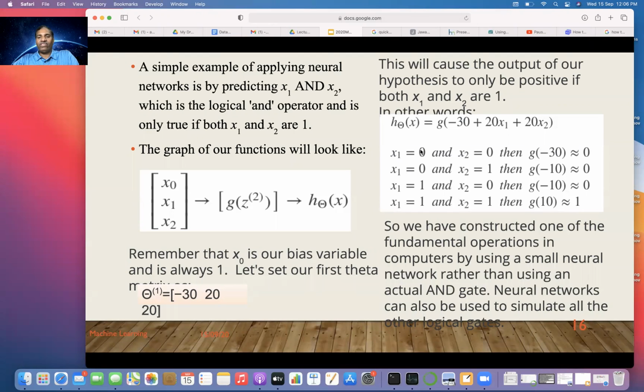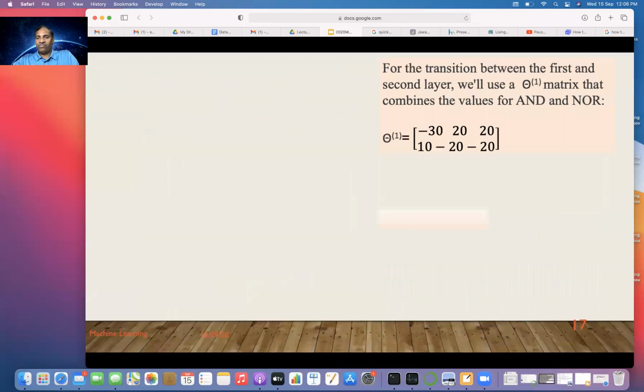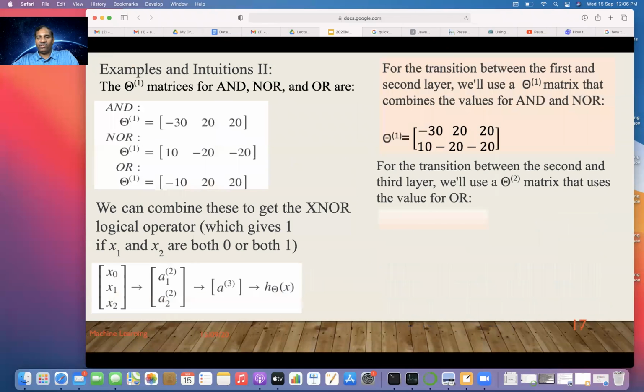Can you draw any line separating the ones on one side and the zeros on the other side? It is not possible. That's why we need nonlinear hypotheses. That is what we try to understand here. Nonlinear things can be computed through neural networks.